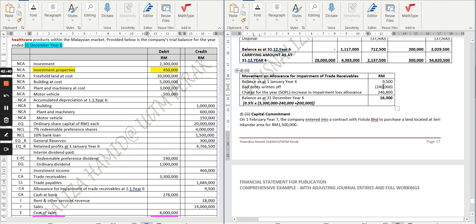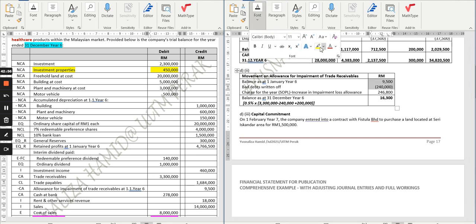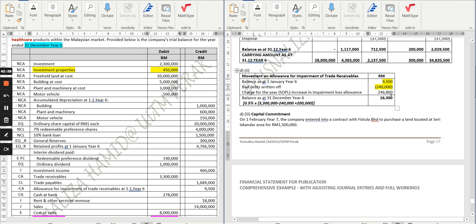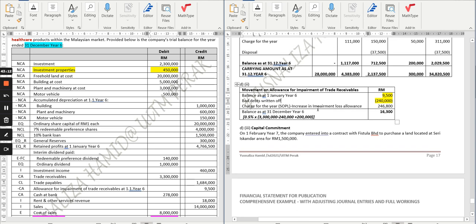But the difference between the balance as at the end of the year, 16,300, and the beginning balance 9,500 plus 240,000, if you compare these two, these are the ones that you have learned earlier, you would see that there was an increase in impairment loss of 246,800, and that has to be shown as increase in impairment loss allowance in your admin expenses.